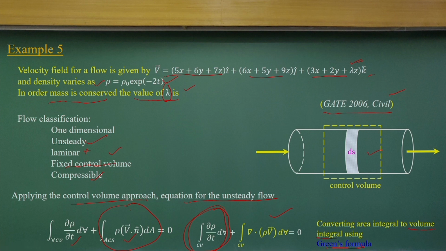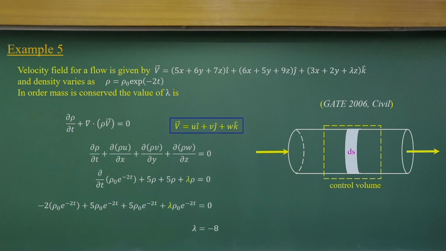If you remember Green's formula, we can convert the surface integral into a control volume integral with a del dot product. That is the concept we know from the mathematics point of view.